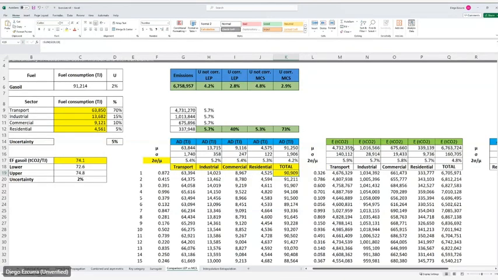And here you can see that I calculated the emissions.